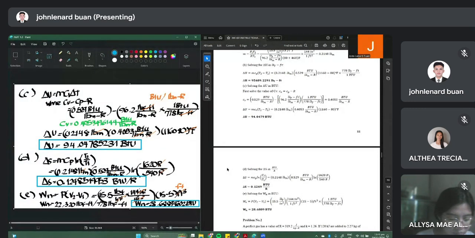Frequently used conversions of units here are 12 inches equals 1 foot, and 1 BTU equals 778 pound force feet. But we can still convert into other units. You have to recall also the conversion of units for energy and for power.